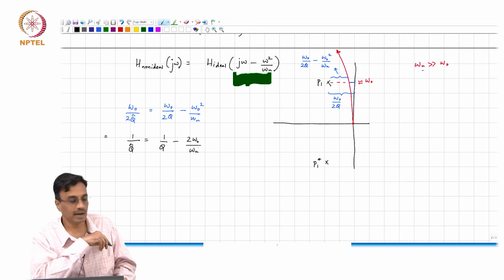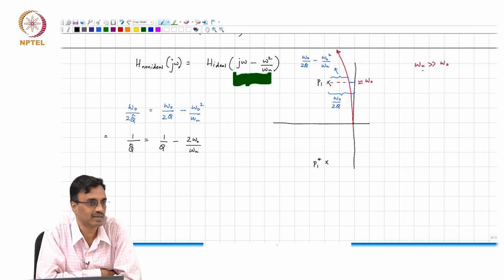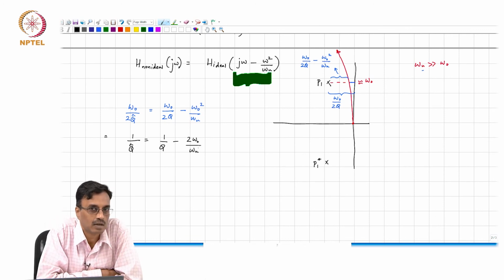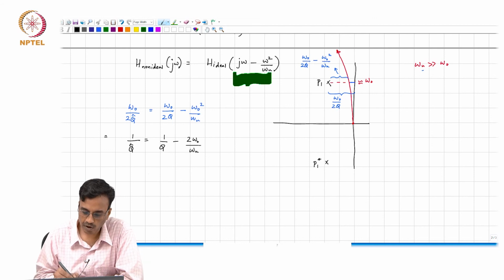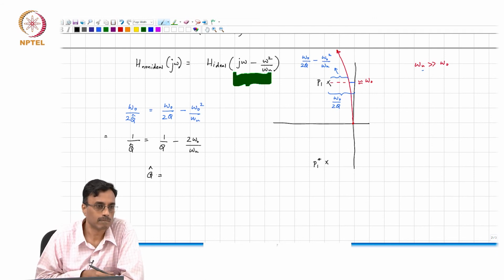Okay, what is the sanity check? Does this pass sanity check? As omega u tends to infinity, we expect that q hat basically tends to q. So, what is q hat in terms of q?